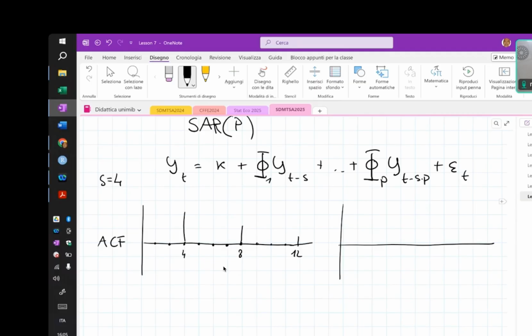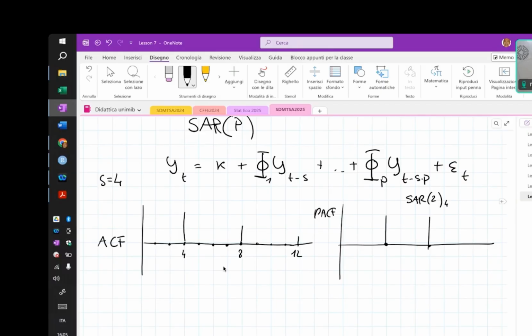What about the PACF? Well, you can imagine that it's just the same thing. Suppose we have a seasonal autoregressive process of order 2, which is quarterly, then the first and the second seasonal lag come out, but then all the rest is 0.